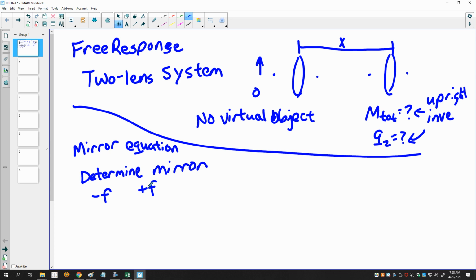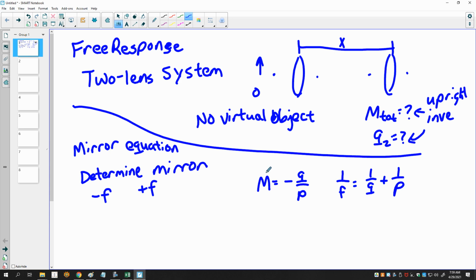The other thing is that you'll need to use these two equations, m equals negative q over p, and 1 over f equals 1 over q plus 1 over p. I'm only going to give you 2 of these unknowns.